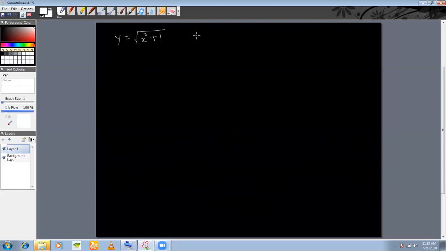Ideally, what will you do here? dy/dx is equal to d/dx of square root of x cube plus 1, isn't it? Without using the steps of chain rule, you will first differentiate the square root: 1 by 2 root x cube plus 1 into the d/dx of x cube plus 1.